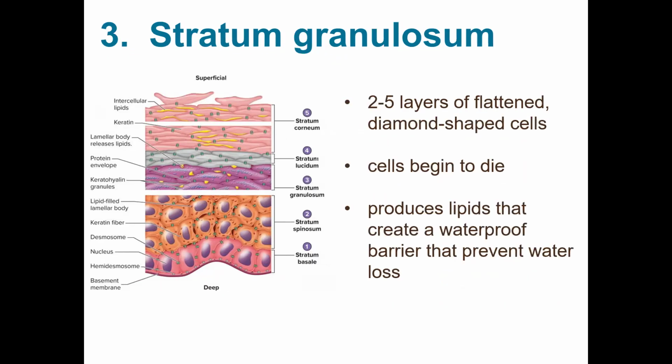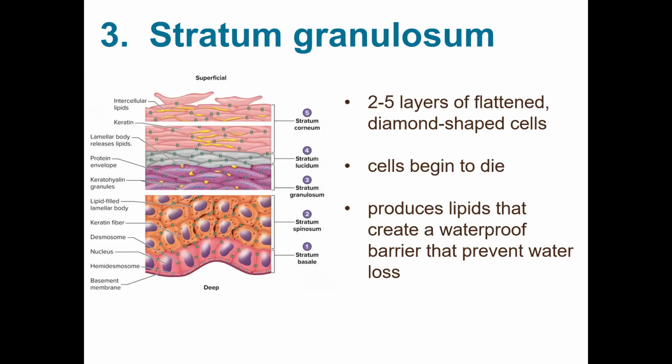The stratum granulosum has a little bit less layers, 2 to 5 in this one, and you can see they're really starting to flatten out more now. They're kind of more of a diamond shape, and this is where our cells are filling with enough keratin that they're going to begin to die. So if you're looking at this under the microscope, this is where you can start to see the total number of nuclei thin out.